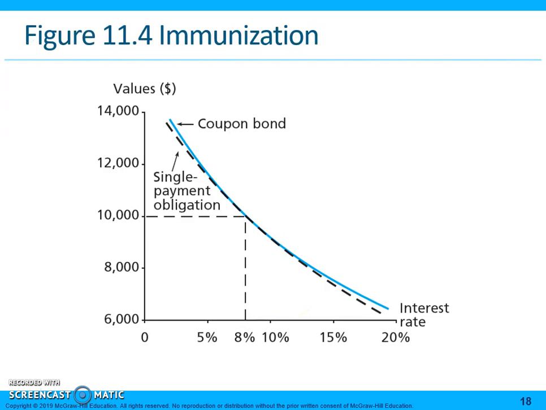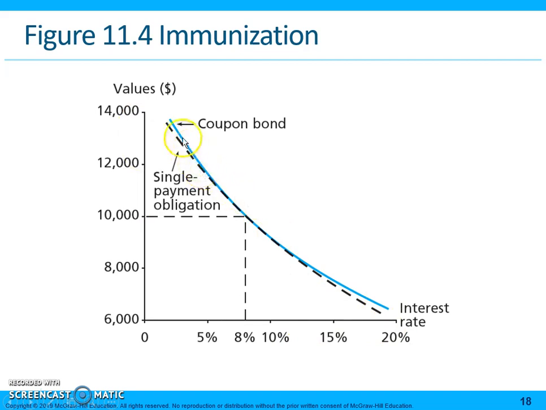Figure 11.4 shows the bond price function for a coupon bond and a single payment obligation, which a single payment obligation is a zero coupon bond. We got the value on the y-axis and the interest rate on the x-axis.